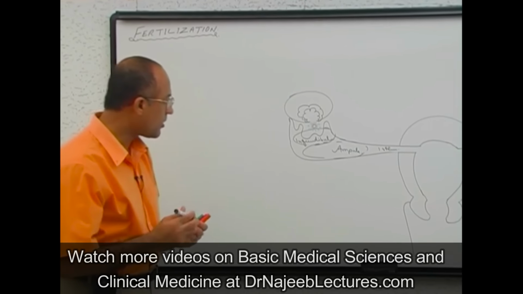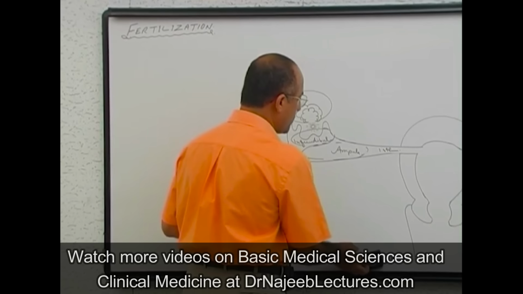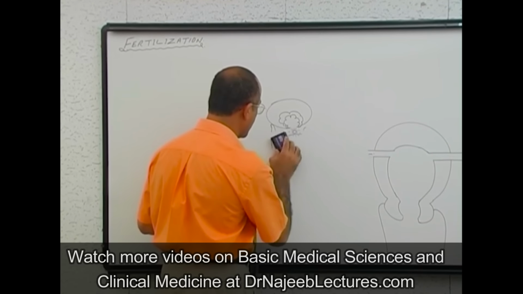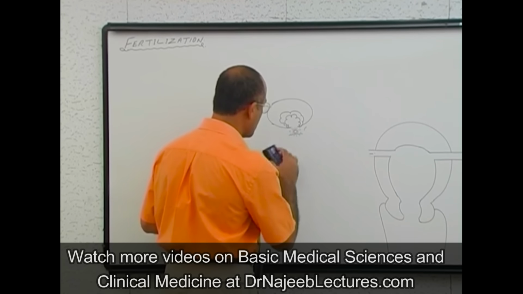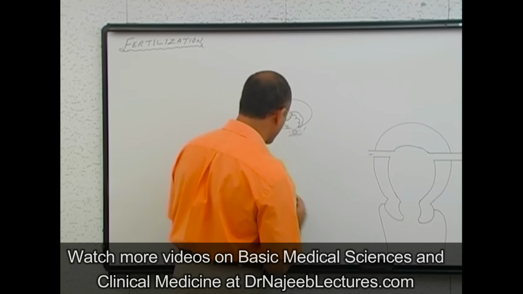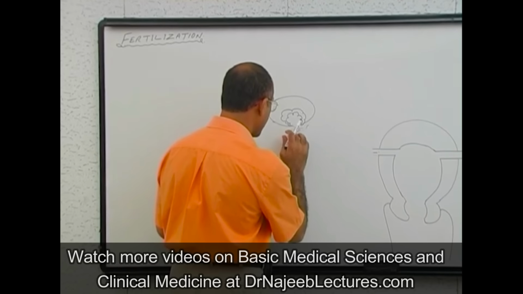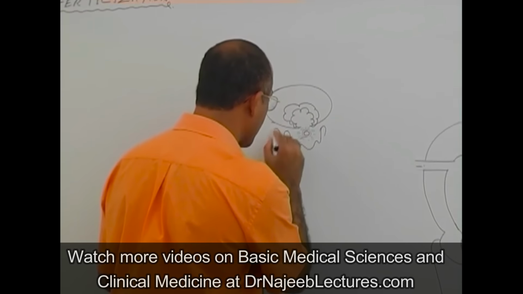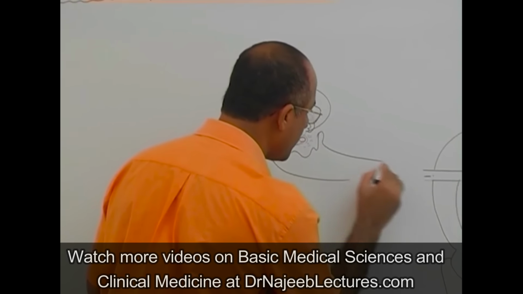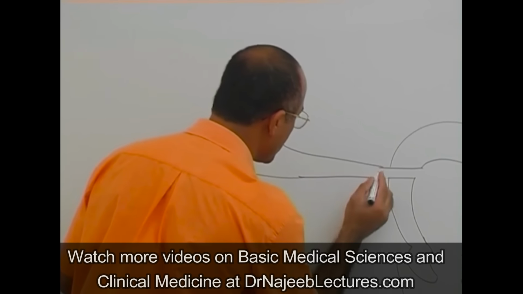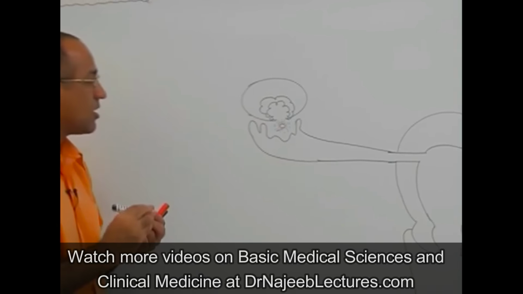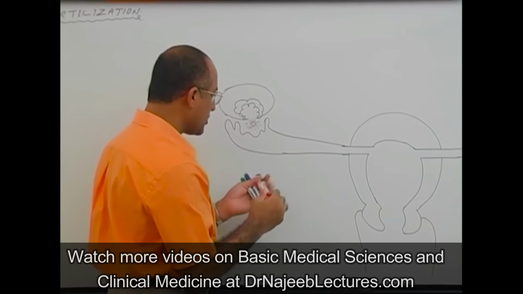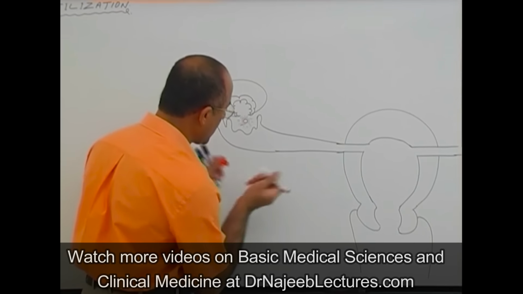Now, again, the most common site for fertilization in human beings is, yes, the ampulla, and the ampulla has these finger-like processes which are called fimbria.